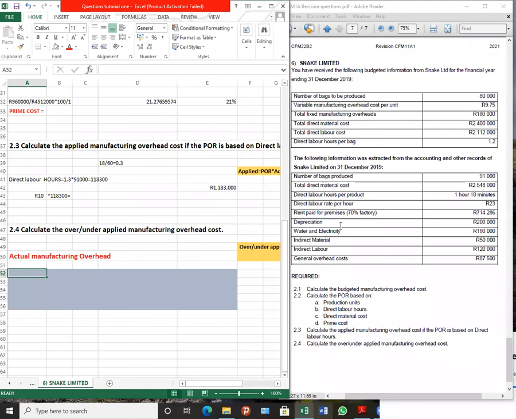Here we have been given something, ne? And then you have to calculate the actual manufacturing overhead. We know the manufacturing overhead is our indirect cost, ne? What are we going to take, guys, since you have been given the information here?